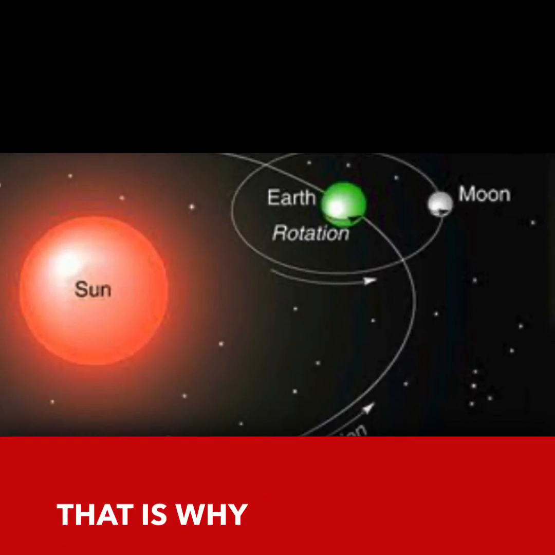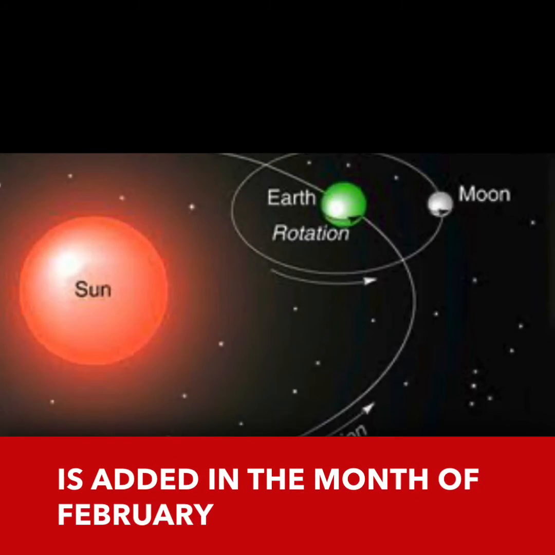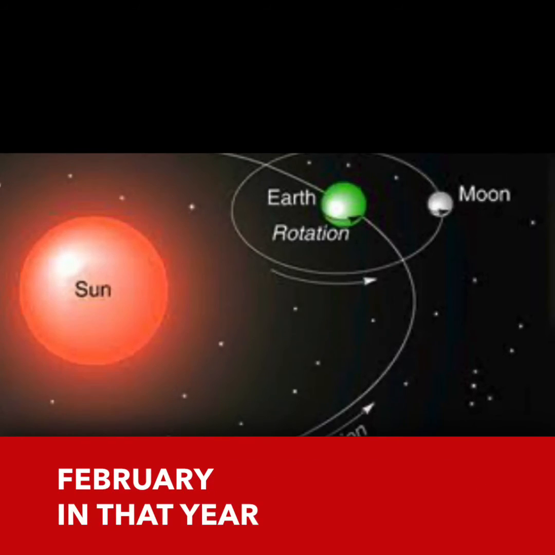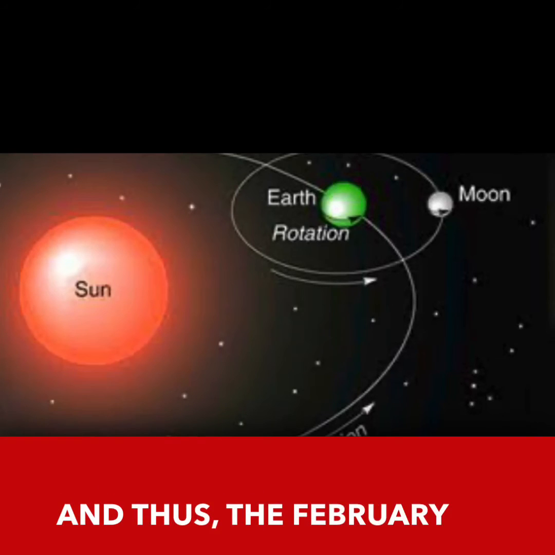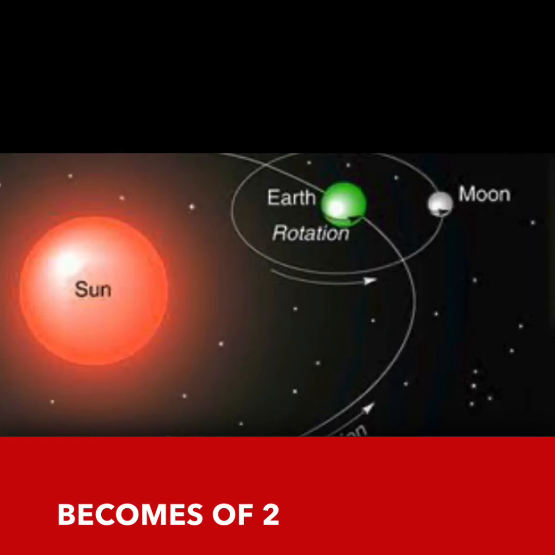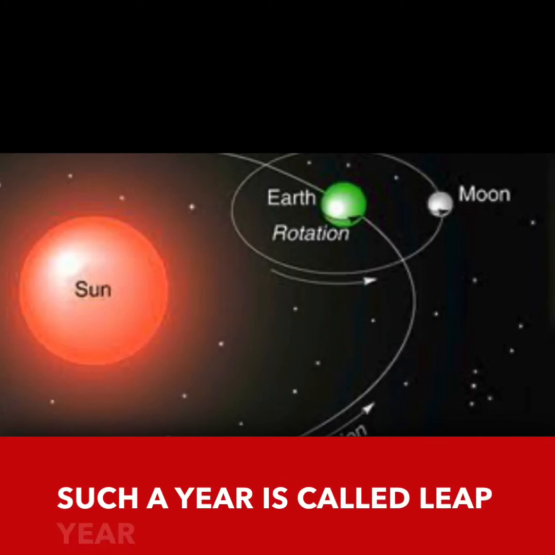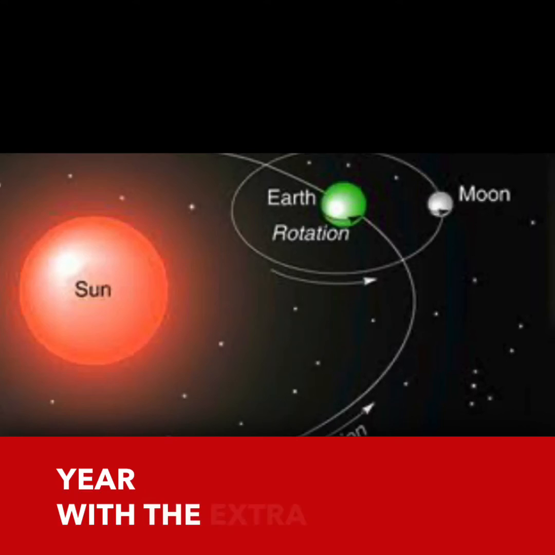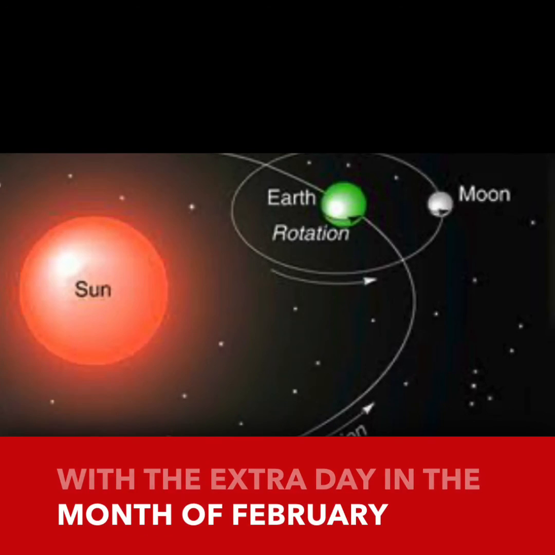That is why one more day is added in the month of February in that year, and thus February becomes 29 days, and the year in which February has 29 days has a total of 366 days. Such a year is called a leap year, with the extra day in the month of February.